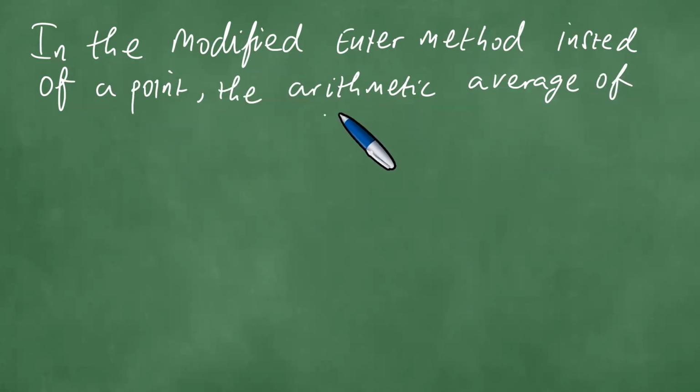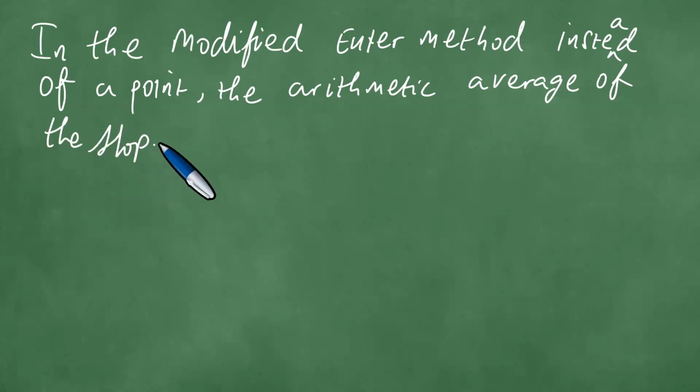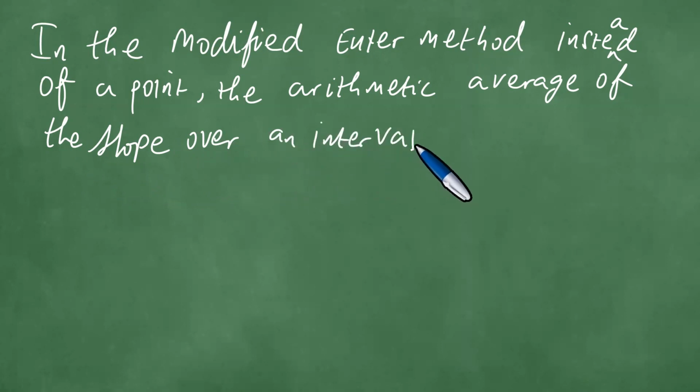So in the modified Euler method, instead of a point, the arithmetic average of the slope over an interval x i plus 1 is used.